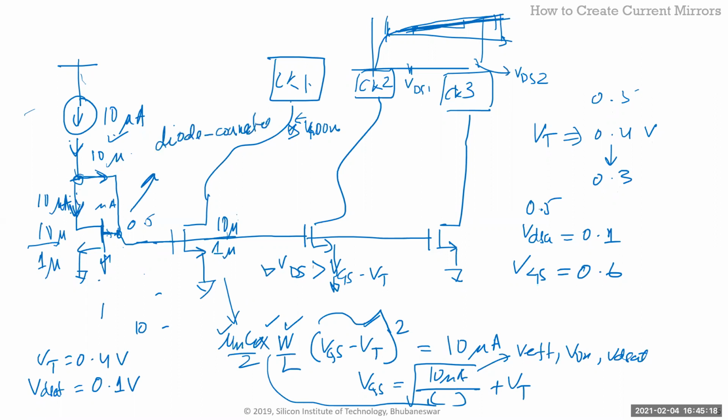Can you tell me why it's called a diode connected transistor? Yeah, so it comes from the BJT world actually. If you took a mirror in the BJT world, it'll be like this, right? But in the BJT world, if you do this, this is nothing but just a PN junction, which is a diode.